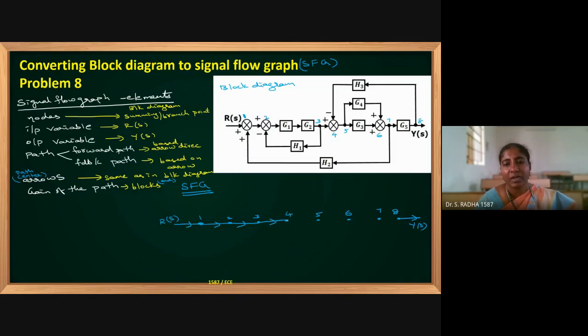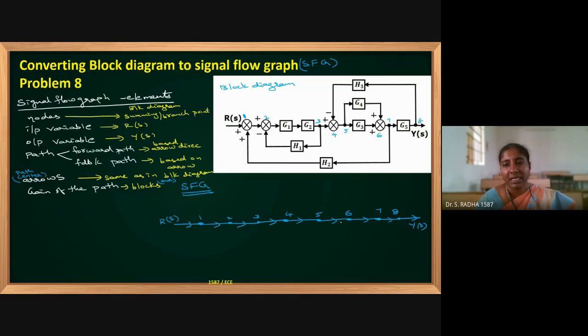Between 4 and 5, it is a straight, forward direction only. Between 5 and 6, G3 is there. Between 6 and 7, no blocks, it is a summing point and branch point. Between 7 and 8, G5 is there.